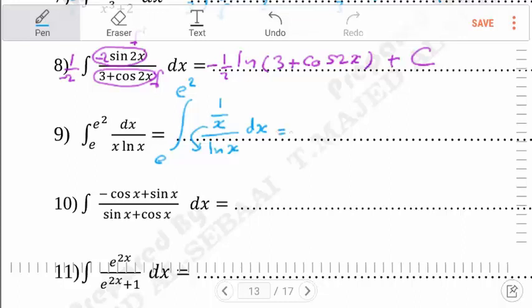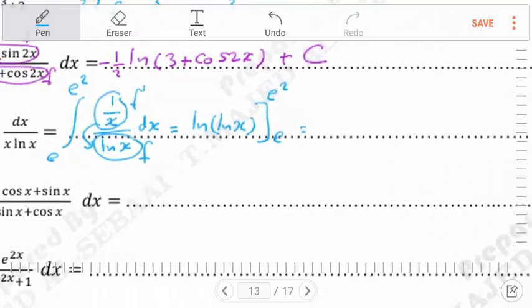Now, as you can see, this is f dash, and this is f. So the answer is going to be ln f, ln x, from e to e squared.